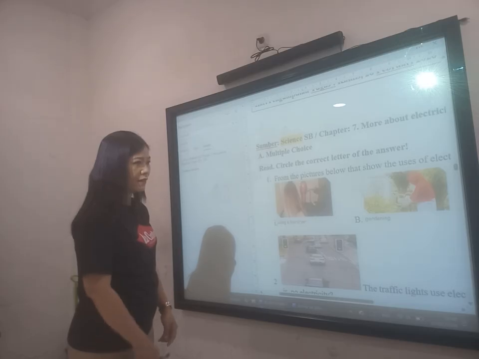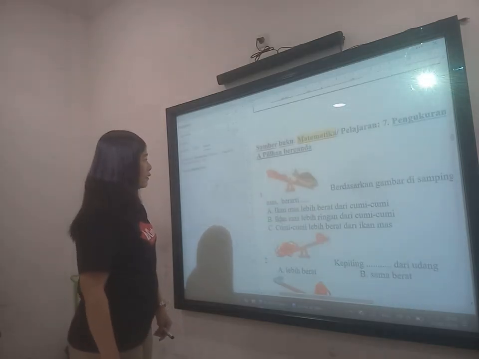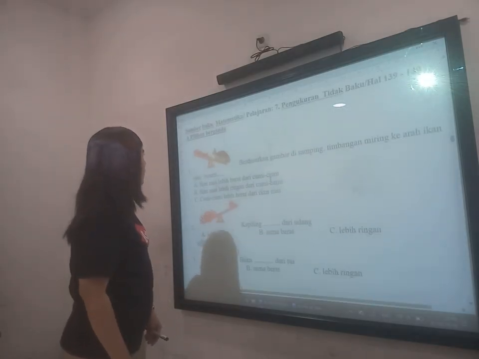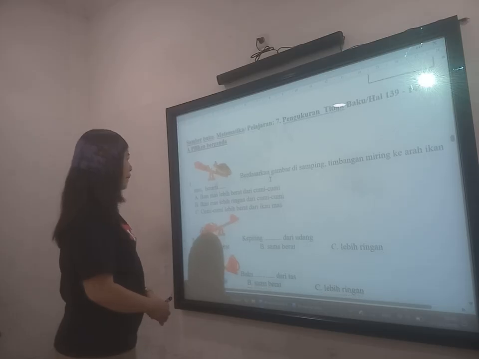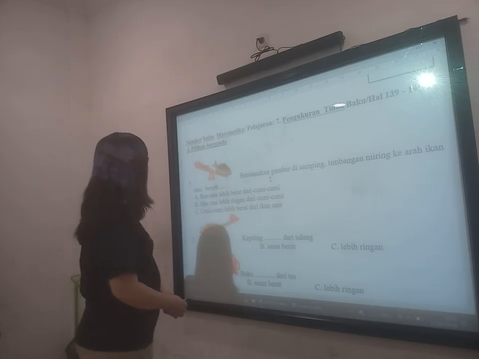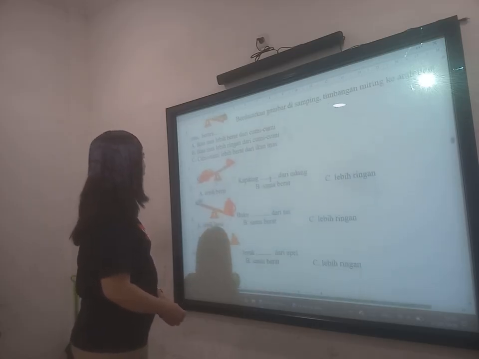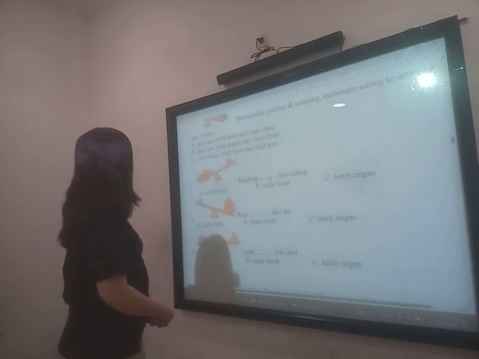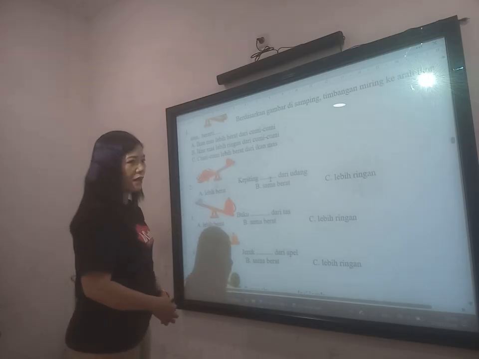We go to Mathematics now. First question. Berdasarkan gambar di samping timbangan miring ke arah ikan, berarti ikan mas lebih berat daripada cumi-cumi. Kepiting lebih berat dari udang.